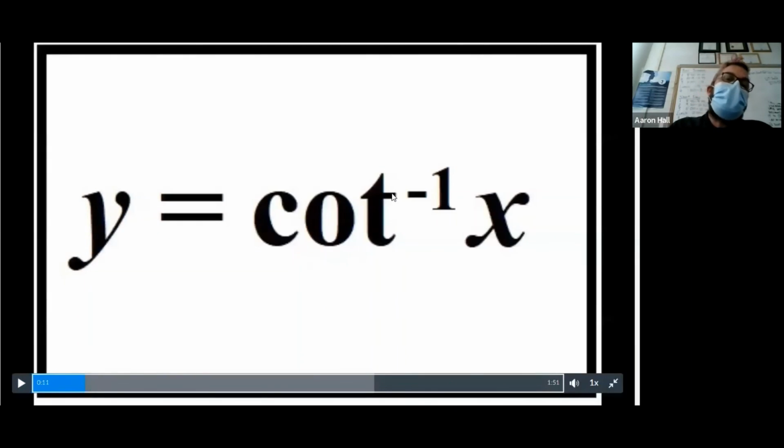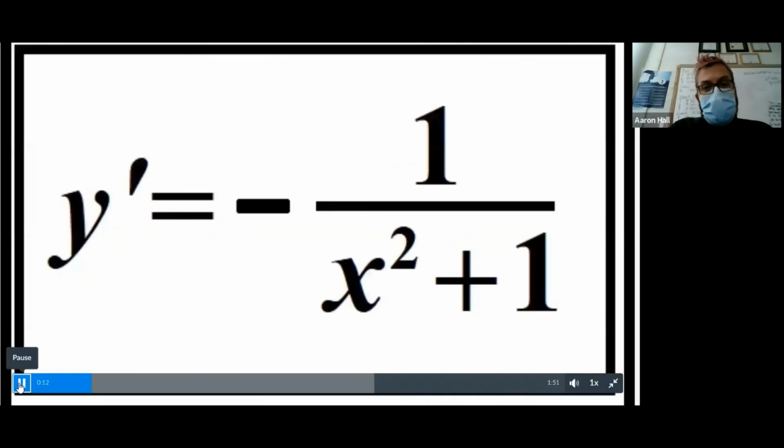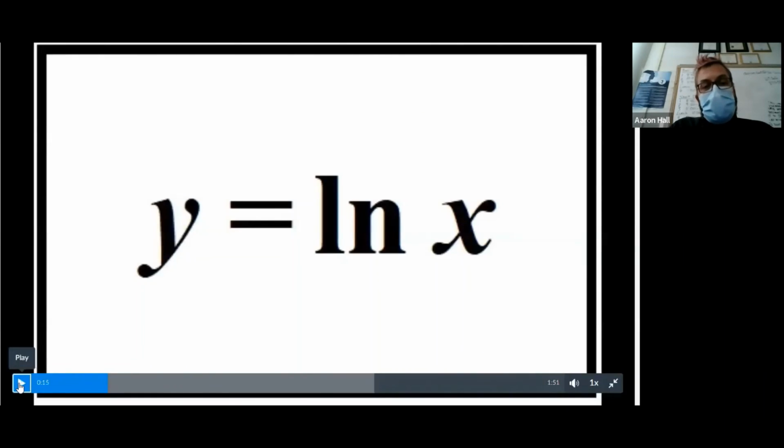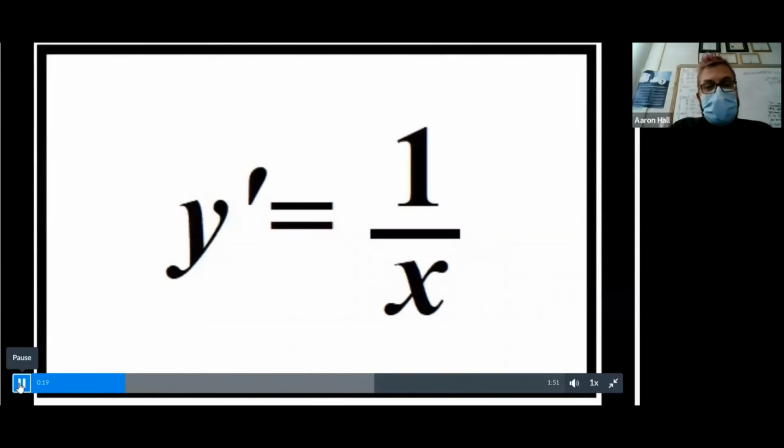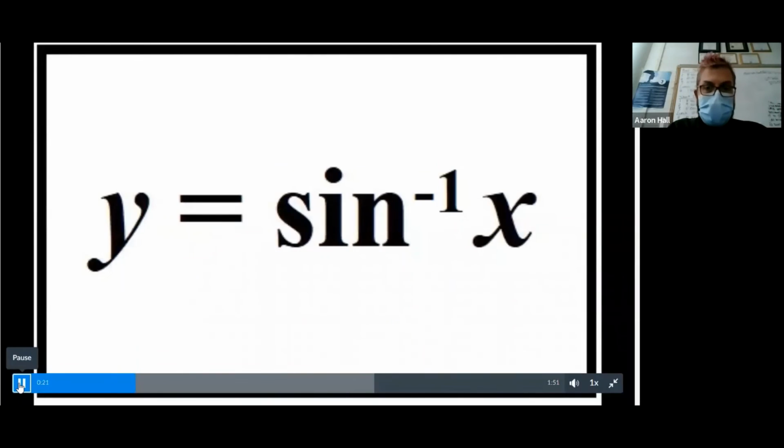Okay, what is the derivative of the inverse of cotangent of x? Nice, good. What is the derivative of ln of x? 1 over x, good. I don't think I had to pause that one. I think you could have done this one. What is the derivative of the inverse of sine of x?